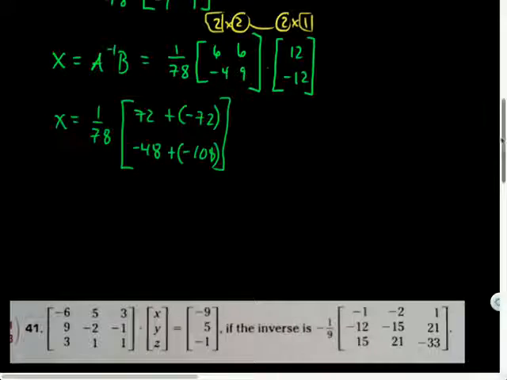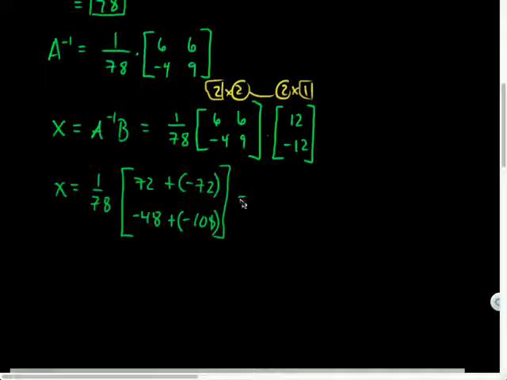So that's 1/78 multiplied by 0 and negative 156. When I multiply this scalar into my matrix, each element is multiplied by it. Multiplying that by 0, that's wonderful math right there.